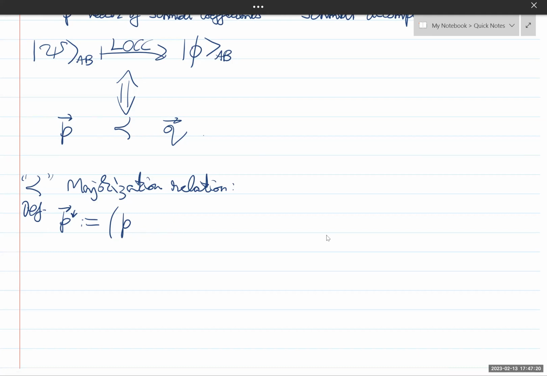So, okay, I'll just informally define it: some permuted version of the original vector such that, right?